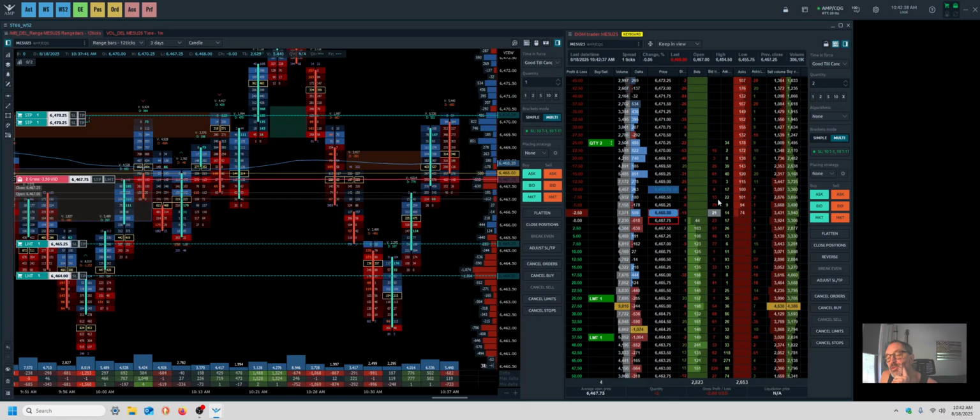Sellers are just able to pull that down 4 bids, 4 ticks. You're getting into some negative territory now. We're in the hundreds.